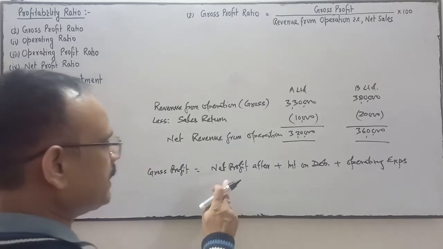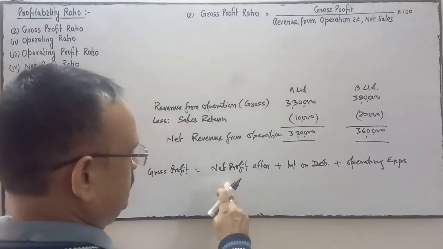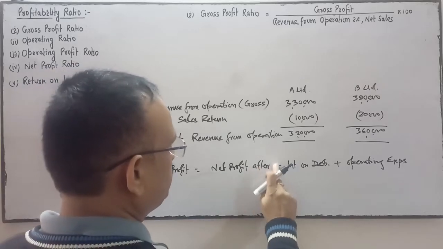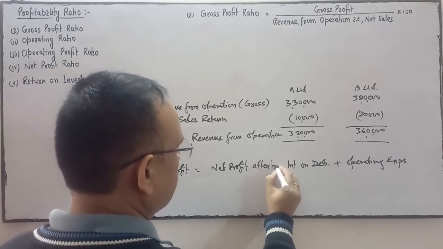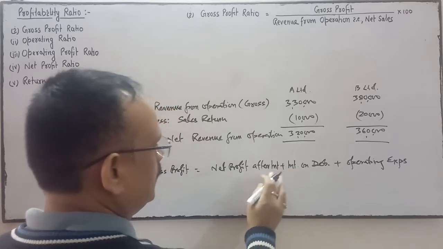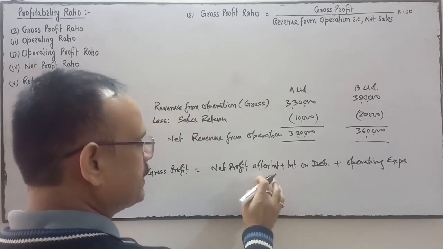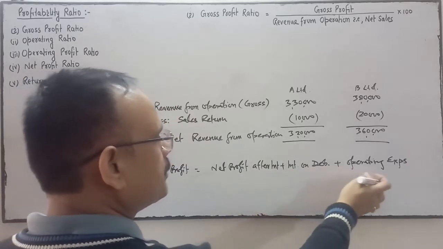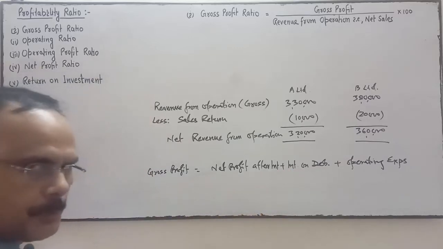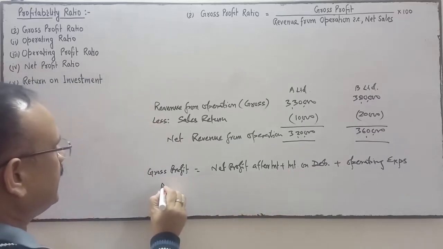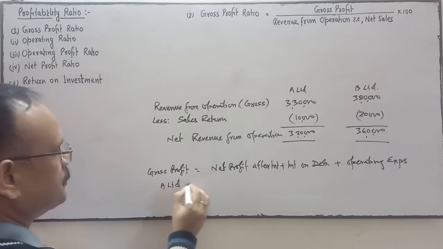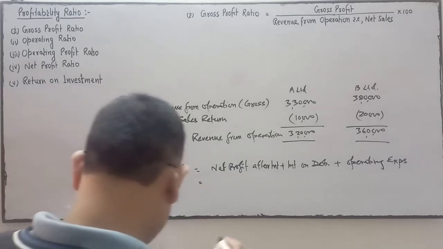So when the net profit is given after interest, we add the interest, then it is net profit before interest plus operating expenses, then it's the gross profit. First of all, we'll calculate the gross profit of A Limited.